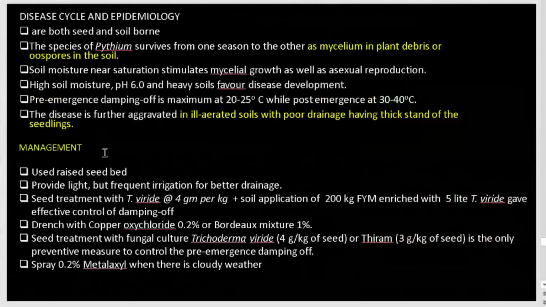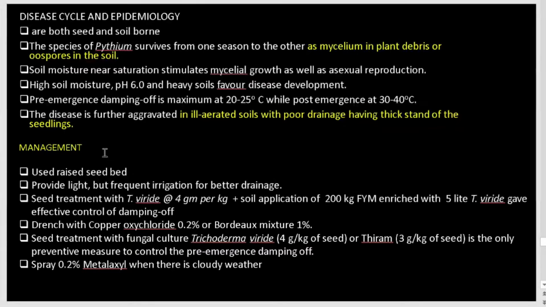So generally Pythium is favored by acidic conditions, pH of 6.0. They are favored by wet and heavy soils. The general temperature of this season, the rainy season, is very conducive.